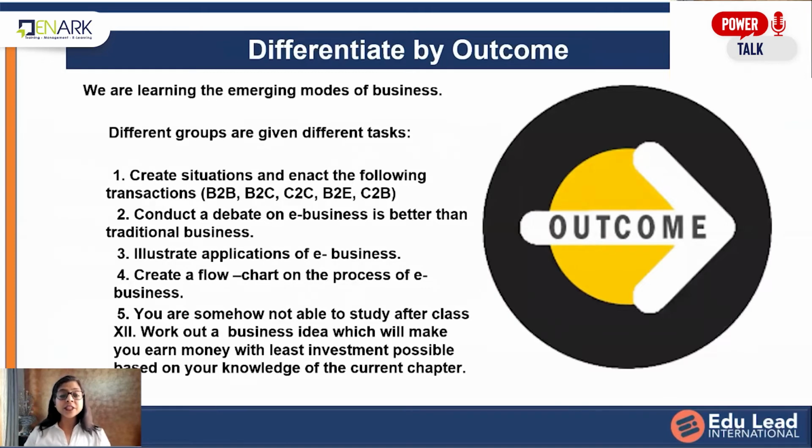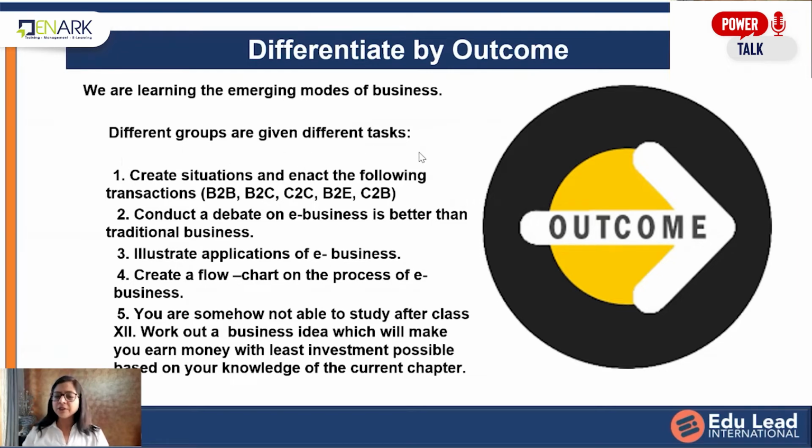Another is differentiation by outcome. When we are saying differentiation by outcome, we are expecting different outcomes from different students. Now in this, I have tried to incorporate multiple intelligence. This is basically a class 11 chapter when the children are studying about businesses.